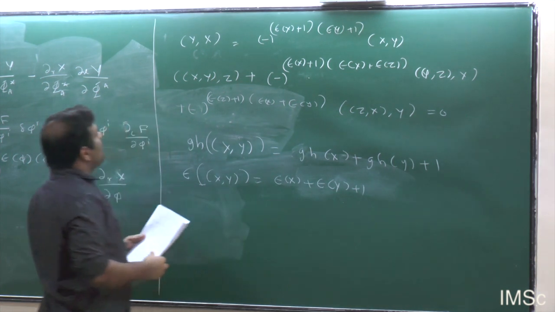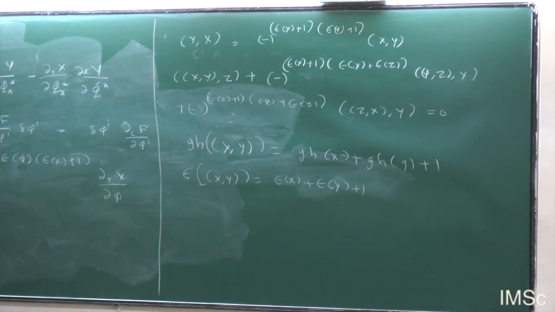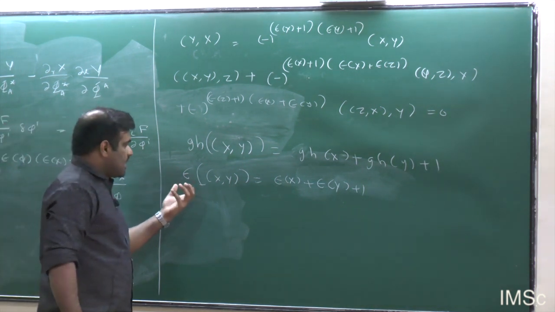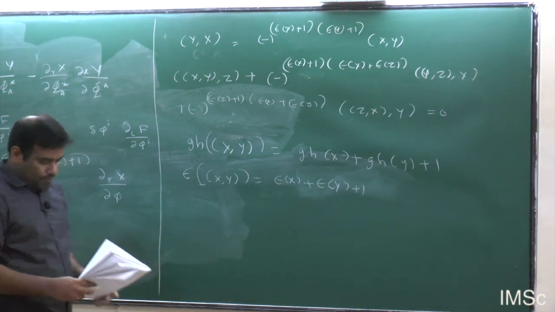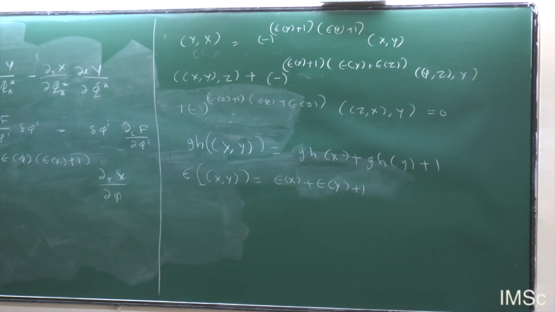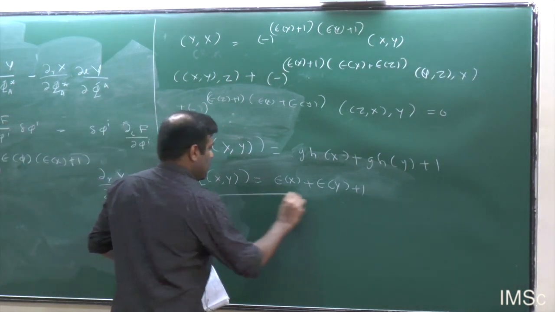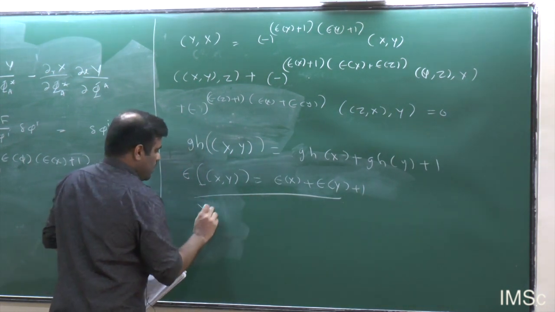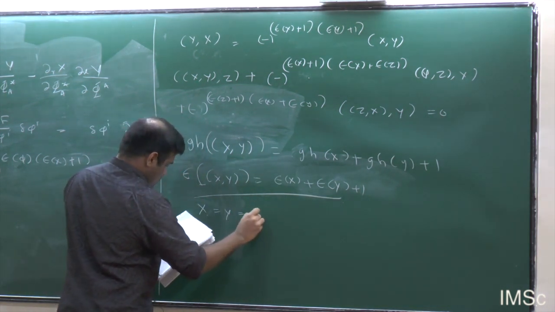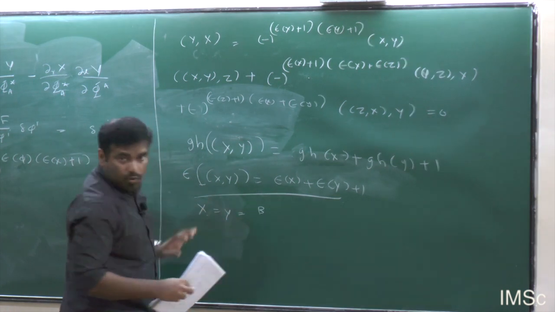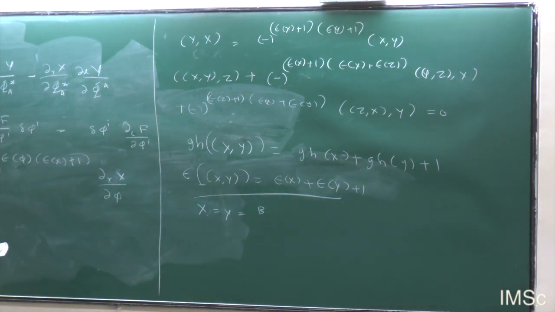So the point is that the anti-bracket itself has a ghost number, and it has a Grassmann-ality. So given that, one can check what happens, like Kalyan was saying, if x equals y equals b, where b is a bosonic function.